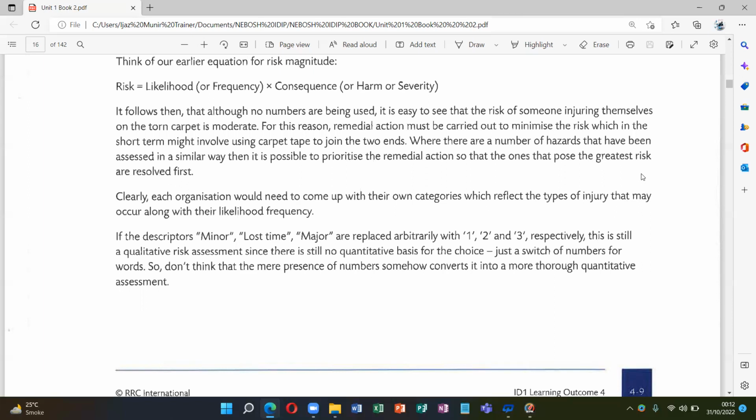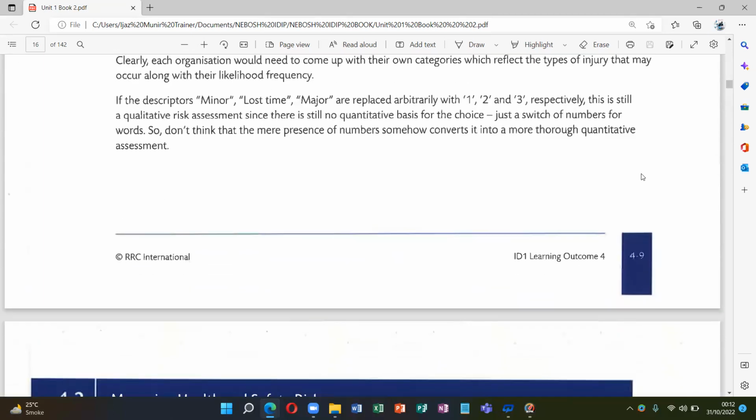Where there are a number of hazards that have been assessed in a similar way, it is possible to prioritize the remedial action so that the ones that pose a greater risk are resolved first. Clearly, each organization would need to come up with their own categories which reflect the type of injury that may occur along with their likelihood and frequency.